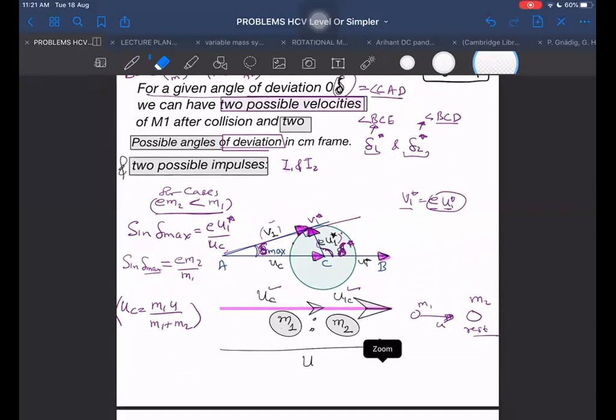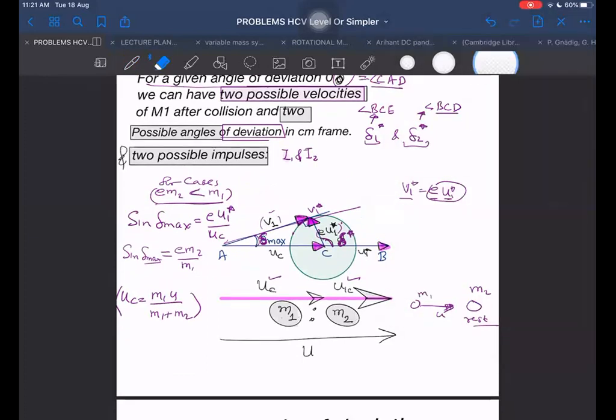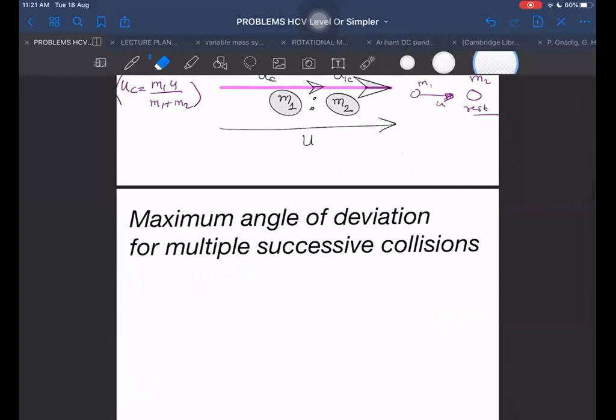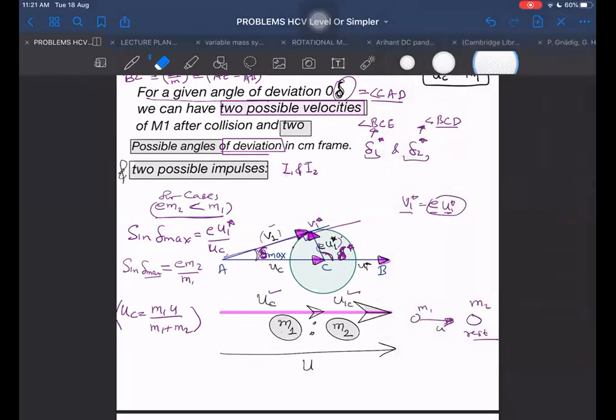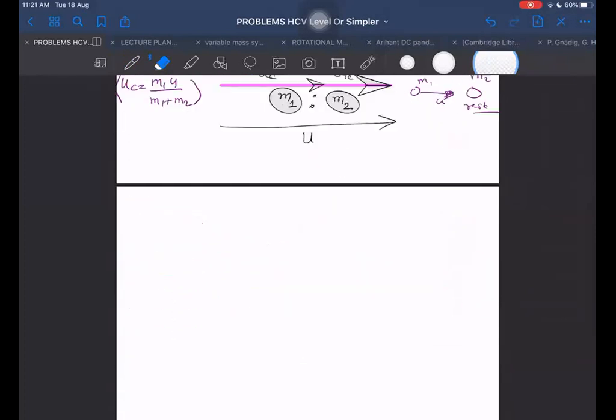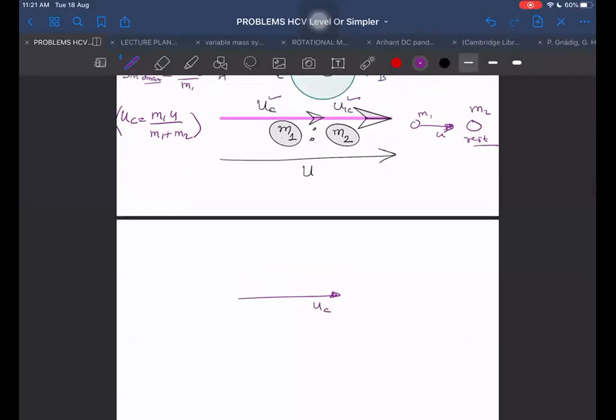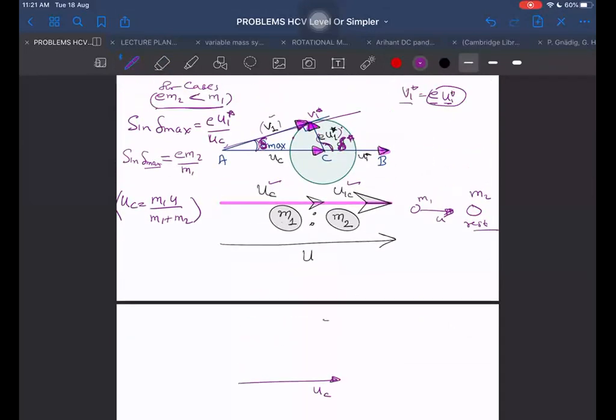What will happen if it is not that case? Wait a second, let me add one page here. If that is not the case, then this situation is also possible. It is UC, and I am saying the relation is valid only for the other case.